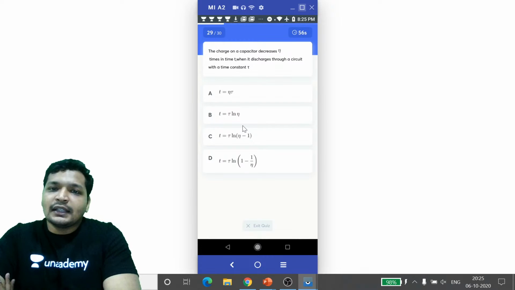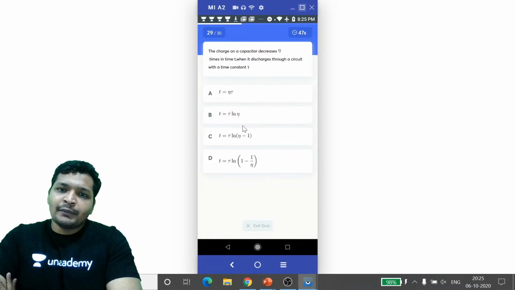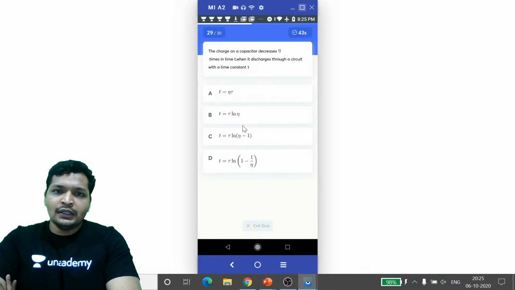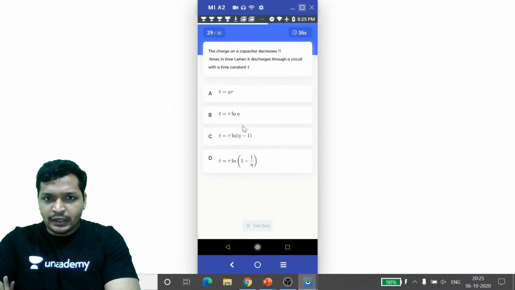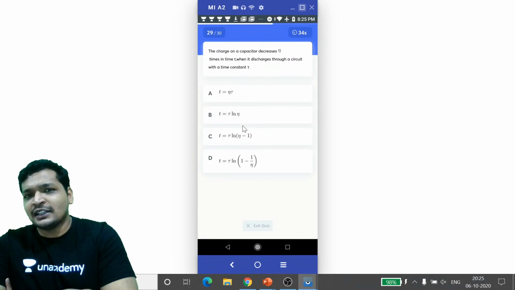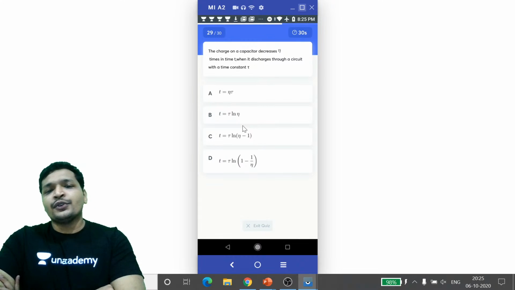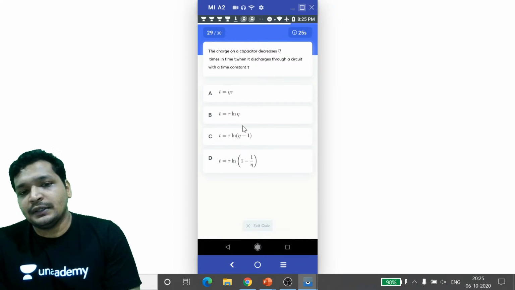Charge on a capacitor decreases by eta times in time t. Okay, Q has become Q by eta. Just equate Q is equal to Q by eta, and it is a discharging circuit. Of course, the charge is reducing. So Q is equal to Q naught e to the power minus t by tau. That's just like math. You can do it.